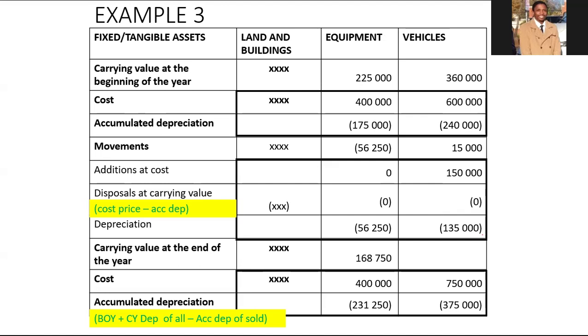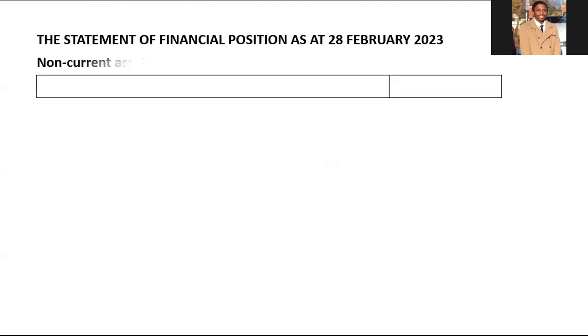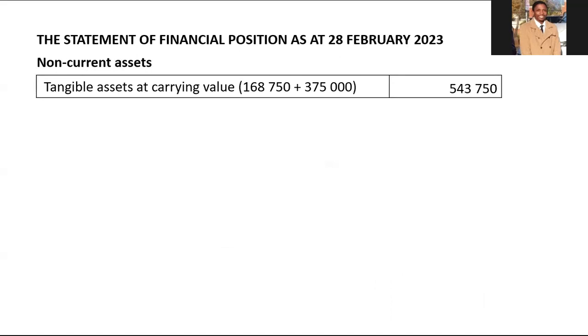To get the carrying value at the end of the year, you will take the 750 minus the 375, and that will give you 375. So when you add these two carrying values, you're going to add them up and then take them to non-current assets and record them as tangible assets at carrying value, which is the sum of the two, which will be 543,750.